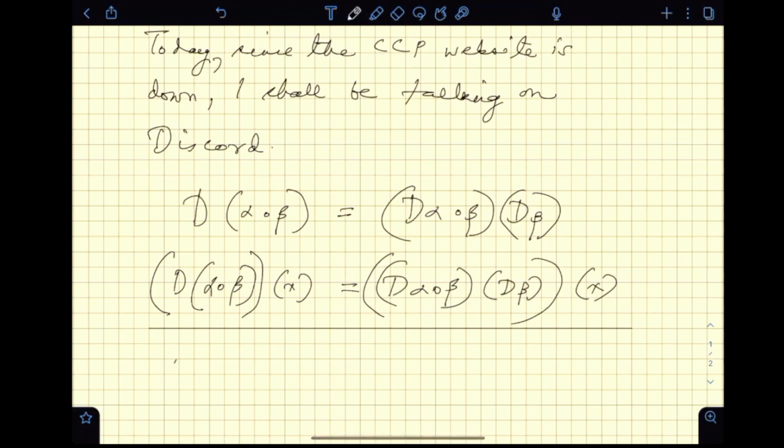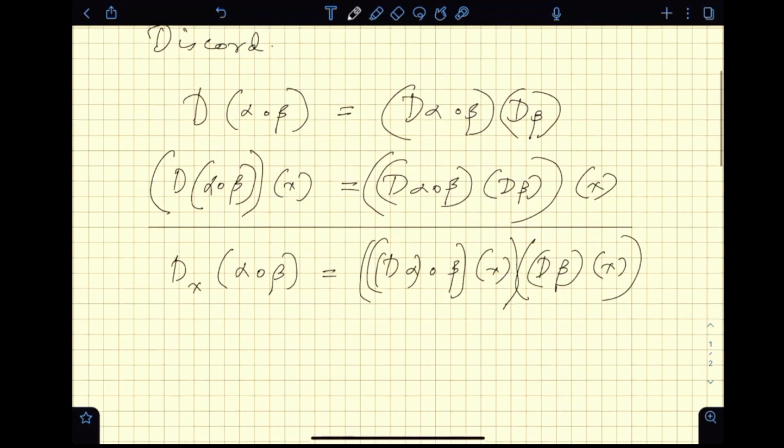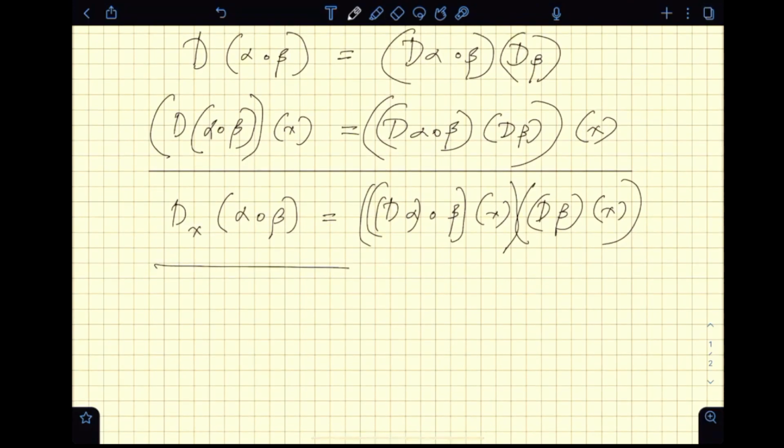So this is also d_x of alpha composed with beta. This would be d alpha composed with beta of x, d beta of x. So we have d_x of alpha composed with beta.